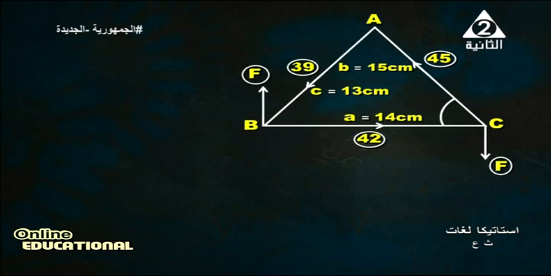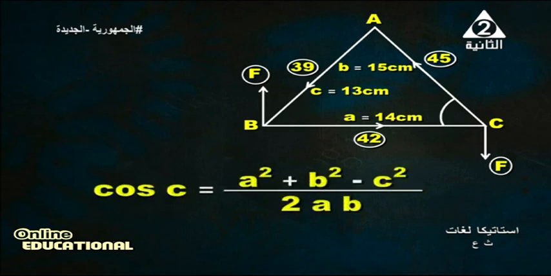By the same method, look at triangle ABC. We measure angle C. To calculate angle C, we use the cosine law: cosine C equals A squared plus B squared minus C squared over 2AB.